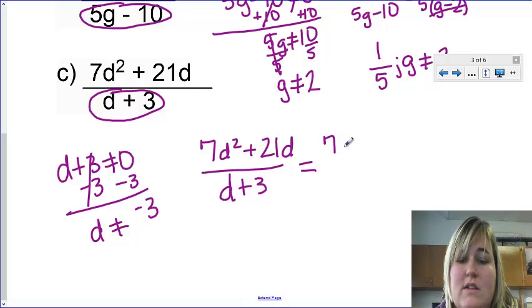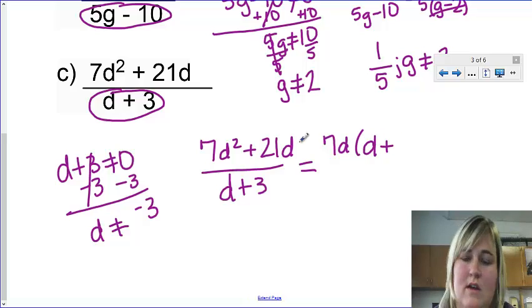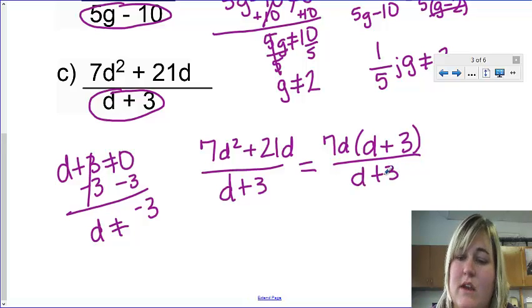So I have 7d, and I open up my parenthesis, and if I divide 7d squared by 7d, I'm left with just d plus 21d divided by 7d. Those d's will cancel, but 21 divided by 7 is 3 over that d plus 3.